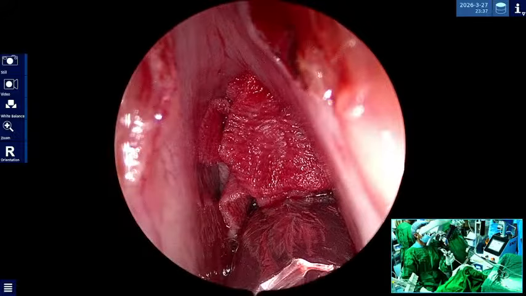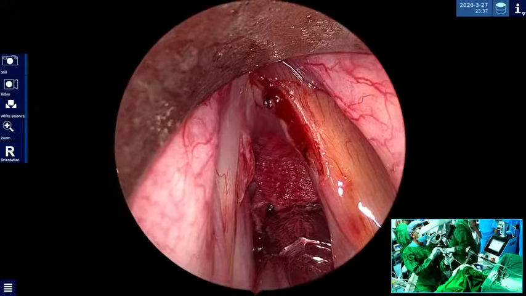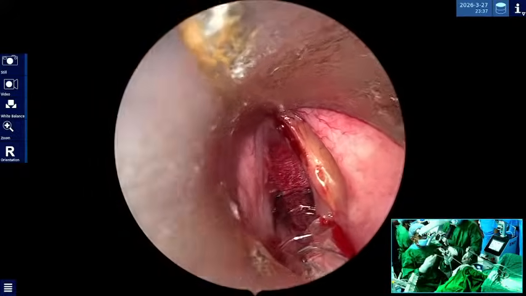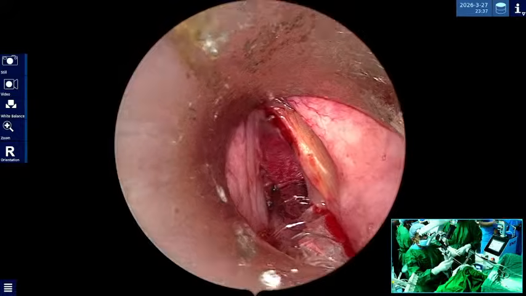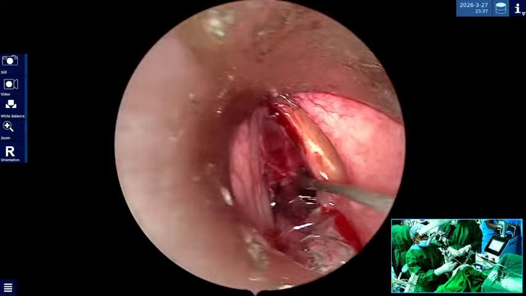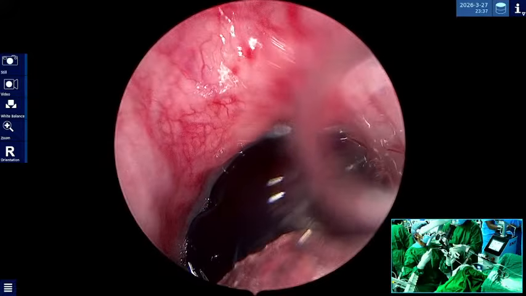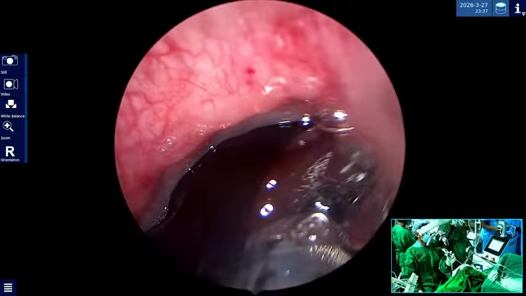Because on the other side we have respected and preserved the mucosa, the medial surface of the mucosa of the vocal fold, and here of course we have removed the lesion, so you have created a raw area. So this side you have preserved, so there is no way synechiae will form.